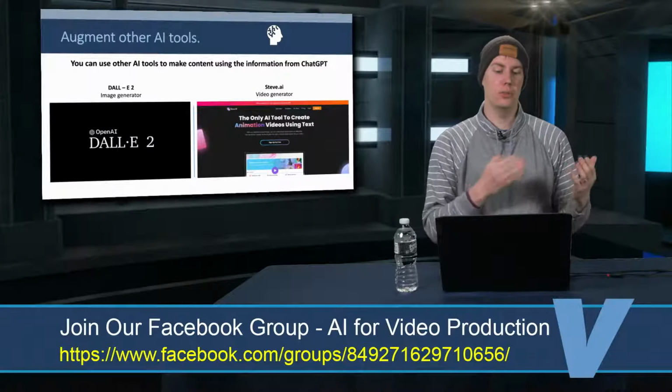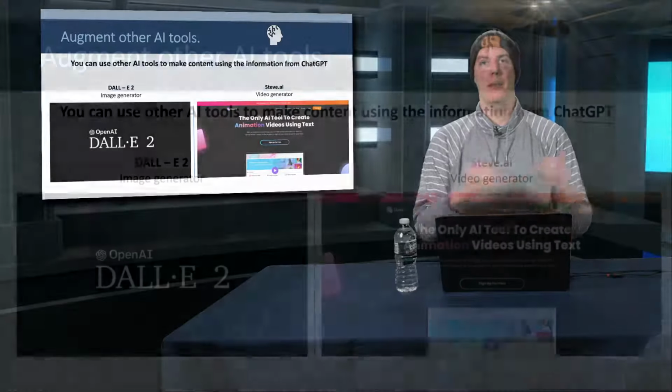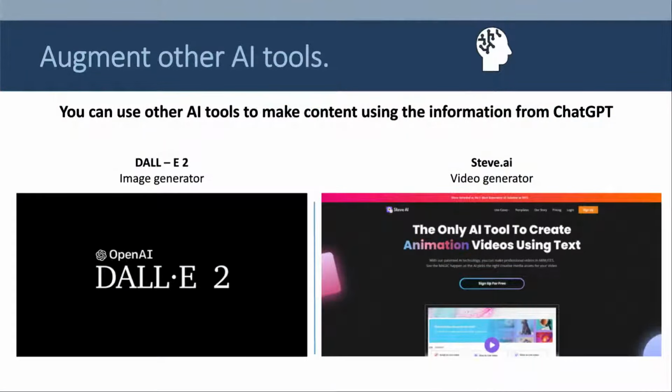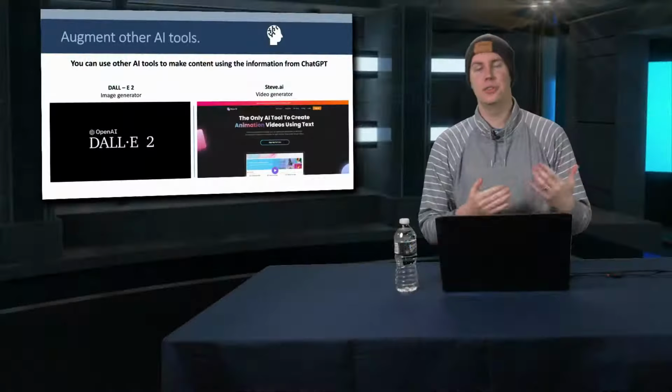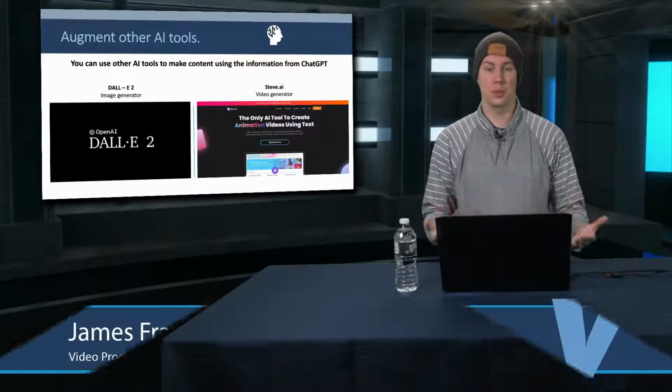So we actually went to DALL-E 2, which is an image generator, and the banner on that Facebook group was made by DALL-E 2. If you need a background for a green screen, if you need just something to put on the slide so you don't have just text on the slide, you can use DALL-E to be able to get images for your presentation.